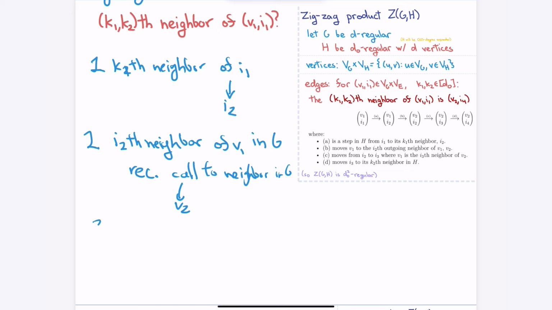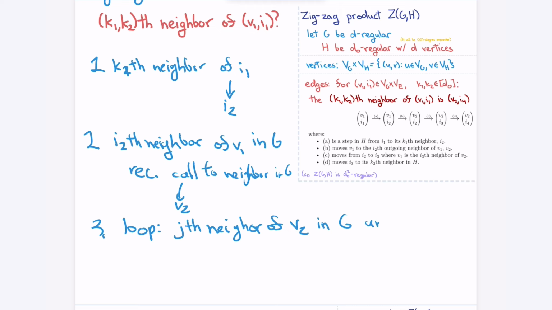Now you have to loop through, because you need to figure out what index J so that V1 is the jth neighbor of V2, the backward step. So you loop over the jth neighbor of V2 in G until you get V1.